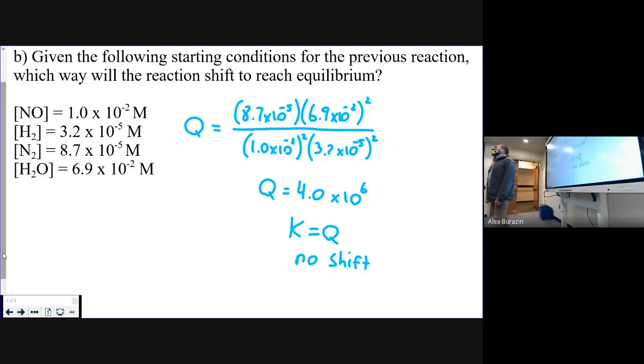So, you're right. It's just slightly off, right? I need to count again, I thought it was 10 to the 7. Do you have the right numbers in the right spots?